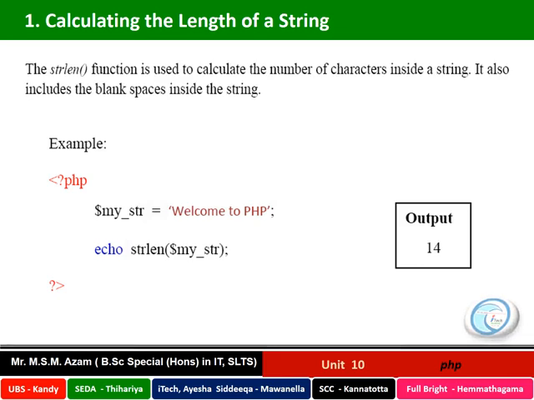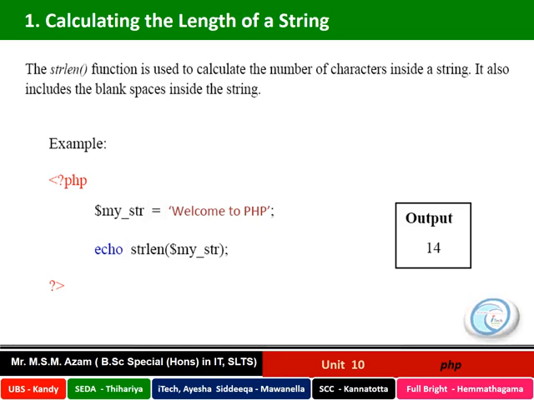For an example, I have declared a string type variable called my_str, and the value assigned to that variable is "welcome to PHP". After that, using the echo function and the string length function, I am printing the length of the variable my_str.